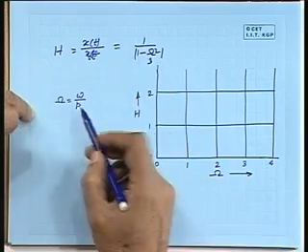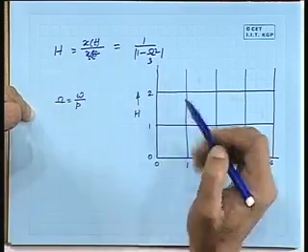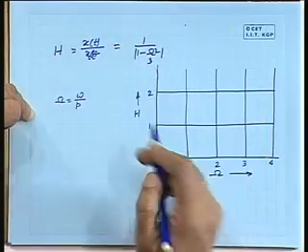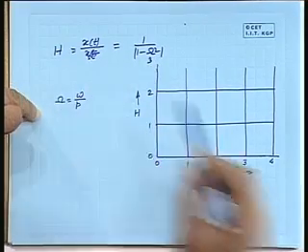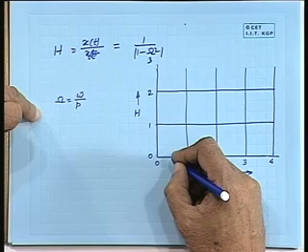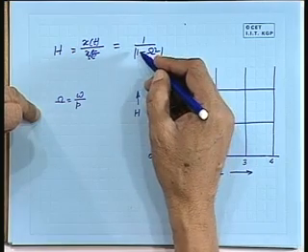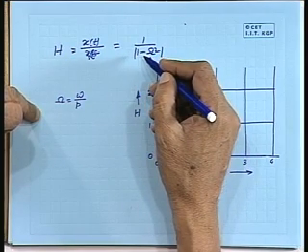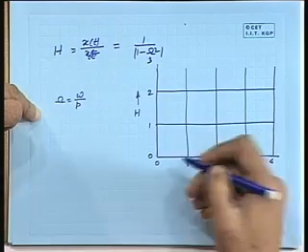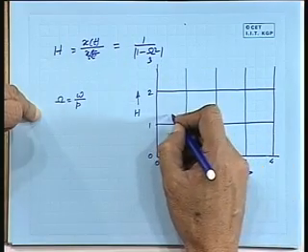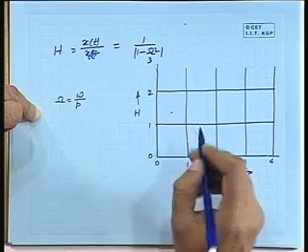If omega is equal to 1, then this blows up to infinity somewhere here. If I take capital omega equal to half, that is somewhere here, then h works out to be 4 by 3. So, 4 by 3 is 1.33, somewhere here, right.